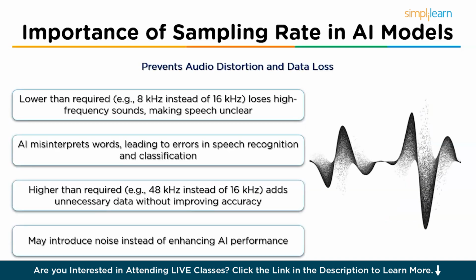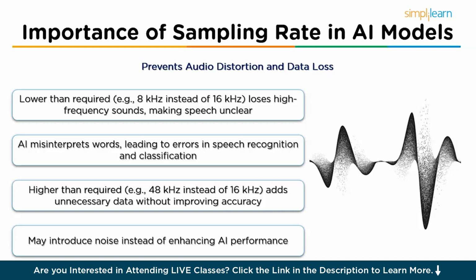It prevents audio distortion and data loss. When you use an incorrect sampling rate, the model misinterprets the data, causing distortion or loss of important details. For example, if a model is trained on 16 kilohertz audio but you provide 8 kilohertz audio, you lose higher frequency sounds, making speech less clear.